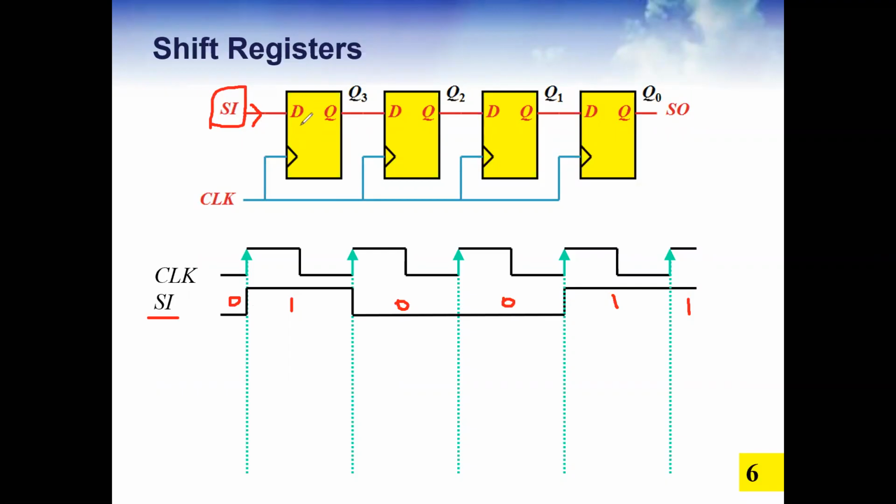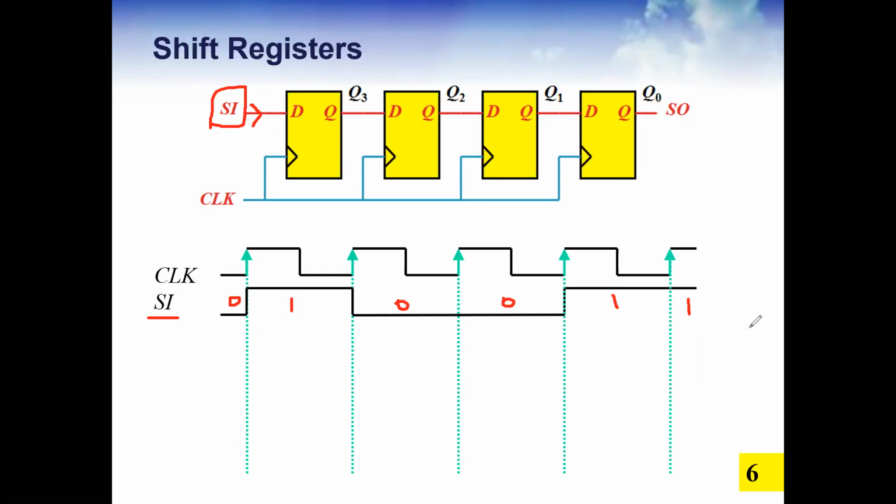The input for the next one is the output of the previous one. So this serial input data is coming here and is given to this flip-flop only, and this value will shift with every clock to the next. So we assume the serial input is 0 1 0 0 1 1.